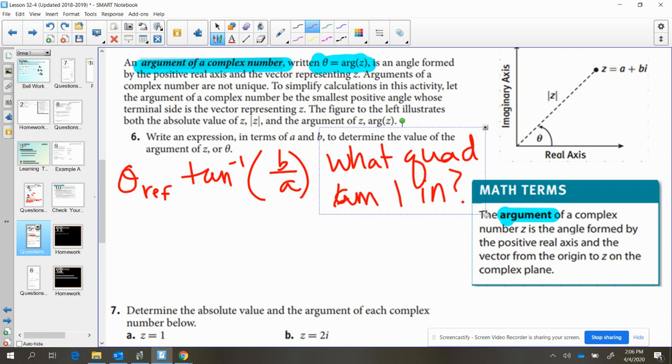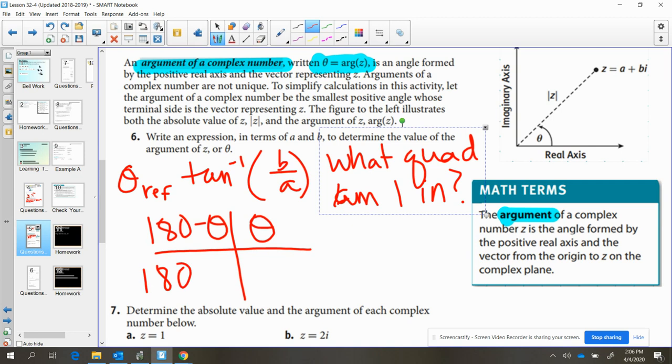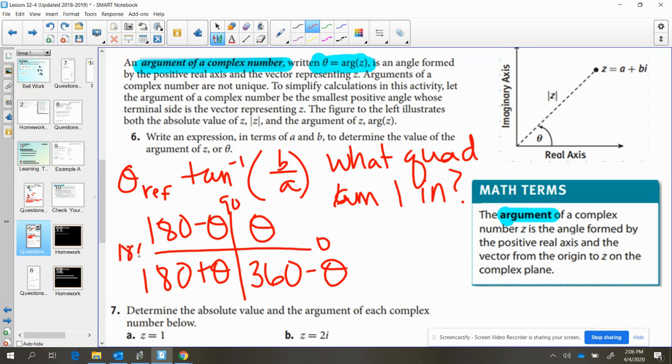So make sure you take into consideration, if you think back to here, you're going to have a theta measure, 180 minus theta, 180 plus theta, and 360 minus theta. To kind of keep that in mind again. And remember your axes then, 0, 90, 180, 270, if it's on an axis for your arguments.